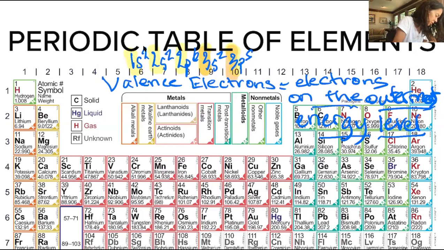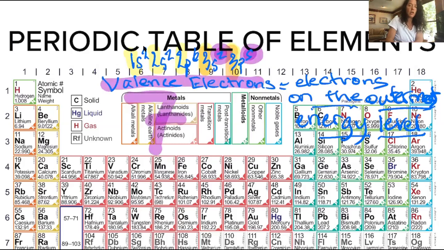It's furthest from the nucleus. And we see that on that energy level, there are 7 electrons. So what that tells us is that chlorine has 5 plus 2, 7 valence electrons, because there are 7 on that outermost energy level.